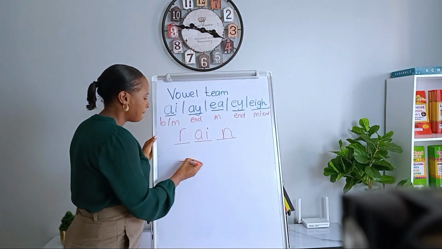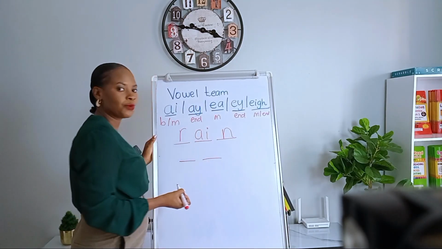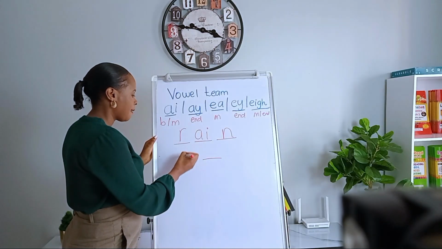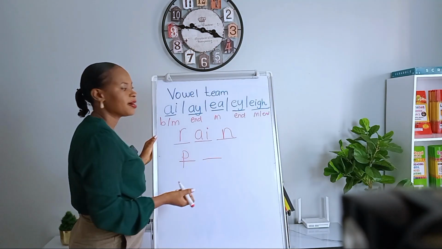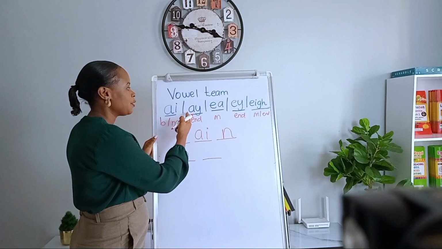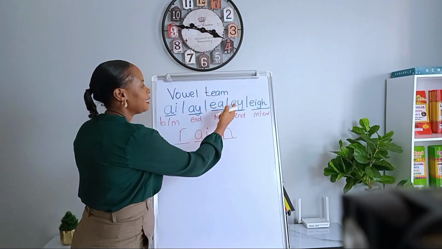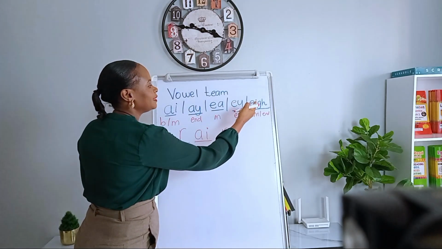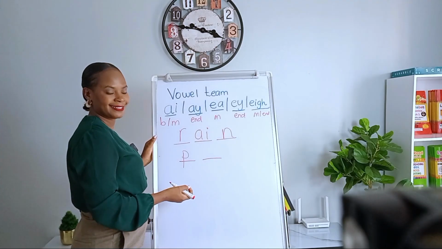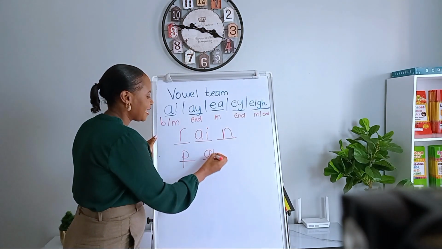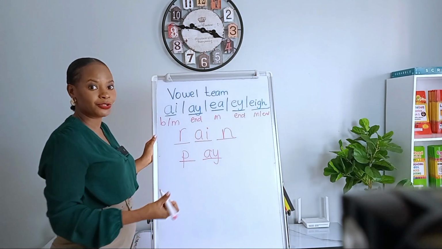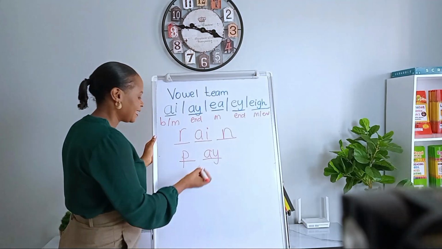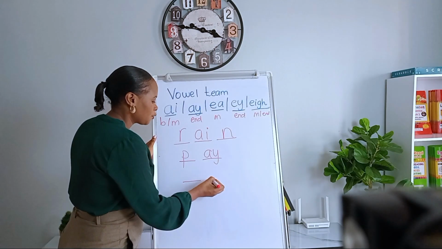Next is pay. Sound out. P, A. Which one are we using? Are we using AY, EY, or EIGH? We are using AY because we've seen this quite a lot reading the word pay. Next one is gray.